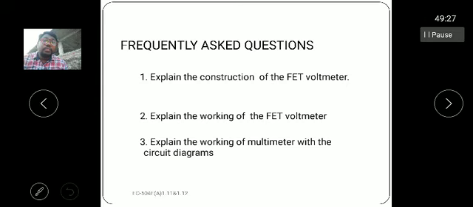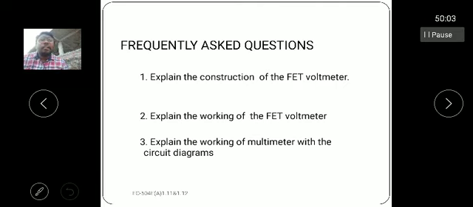How the drift problem arises, and what the conditions are, like zero drift, actual drift, and high drift. The condition for the FET input voltmeter is that only at the specified ambient temperature does it give the desired output. These relate to the drift problems in the FET input voltmeter. This is important from the analysis point of view and is asked in the examination.